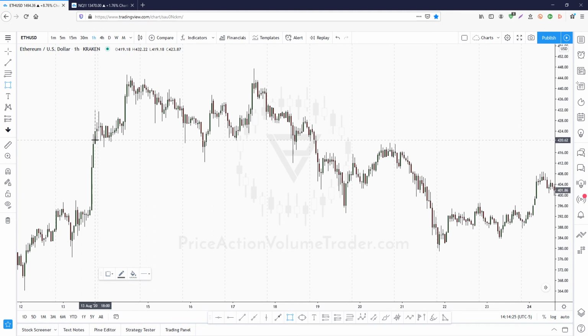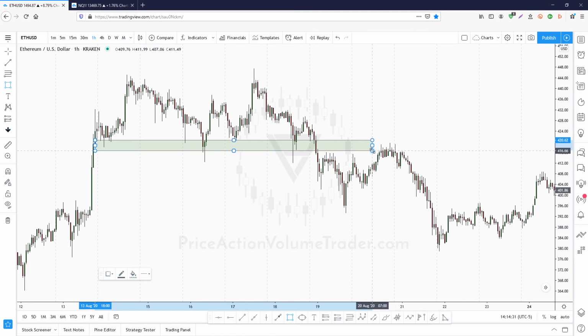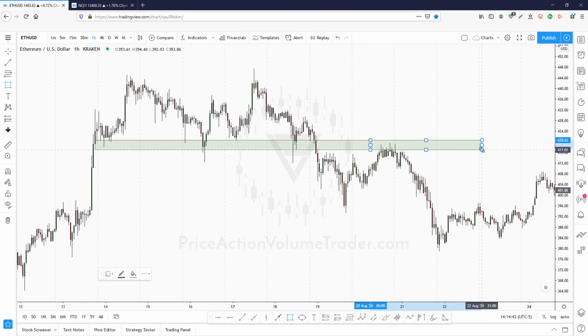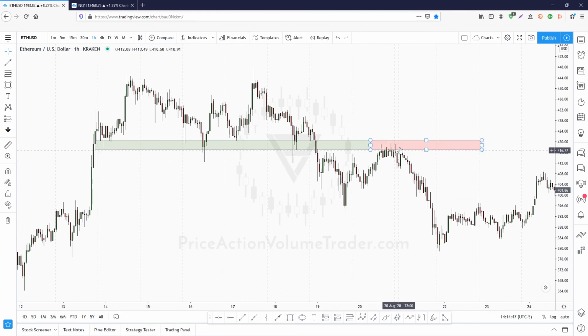We had a very strong support level here that was broken. We came back into it, and now from the other side, this level will now act as resistance.